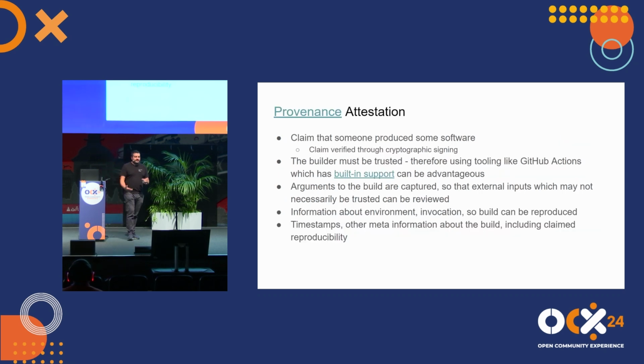Another thing is a provenance attestation, right? It's a claim that somebody has produced some software. As a developer, you might have noticed on GitHub that you can get little verified tokens on your commits if you register your SSH key with GitHub and you tell Git locally to sign your commits. So this kind of guarantees that any commit that is claimed to be by you, the person, is coming from a machine that you've registered with GitHub, right?